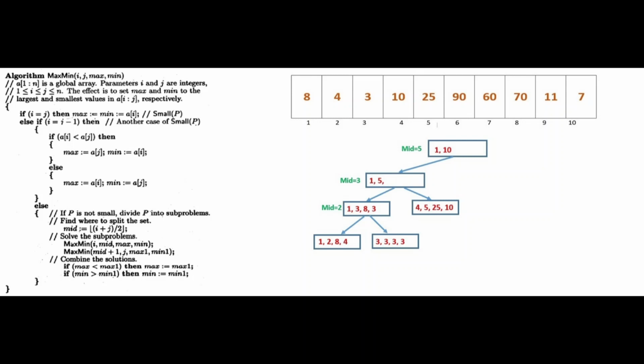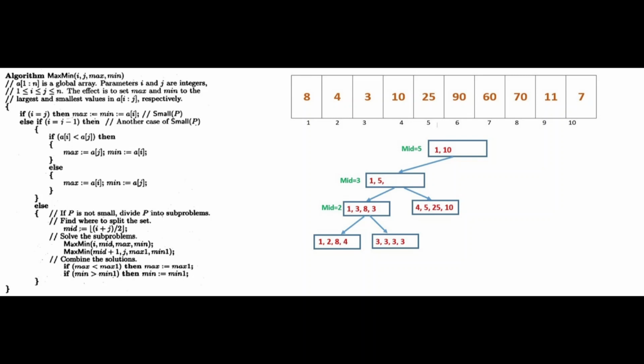Then the next step, min greater than min 1. Min is 3, min 1 is 10. Min greater than min 1, condition false, so no change. Min is 3, it keeps its value.